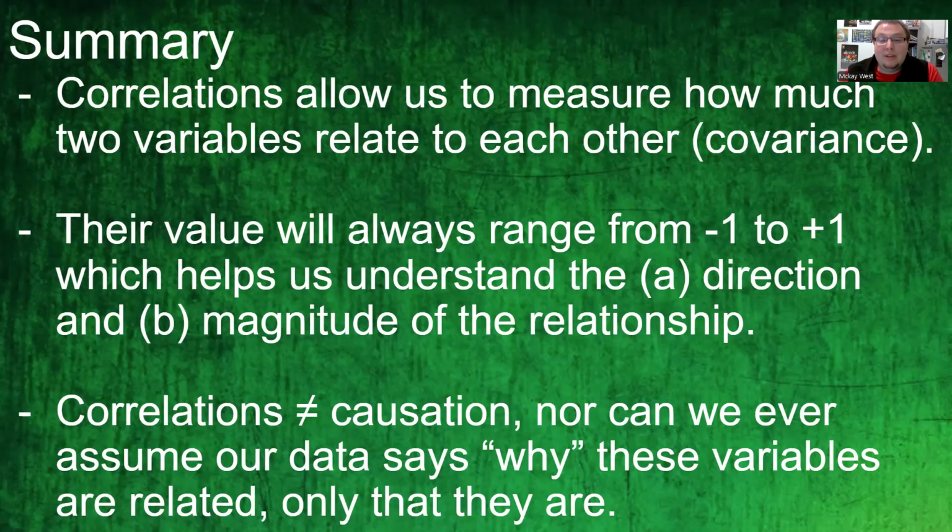Finally, there are things to worry about, in that this is only ever a math number, a statistics number. We can't assume that because we have a number, it fully tells us exactly why the number is what it is. Correlations do not equal causation, and we can't ever assume that the data we have tells us why the variables are related. We can only know that they are.